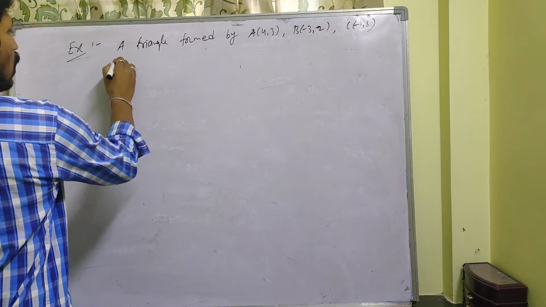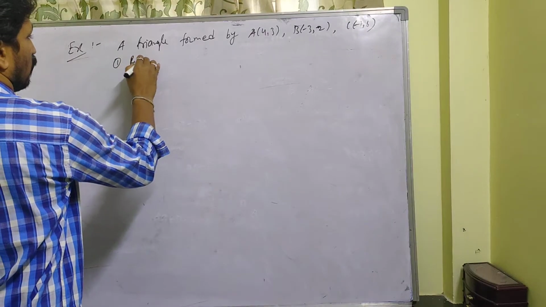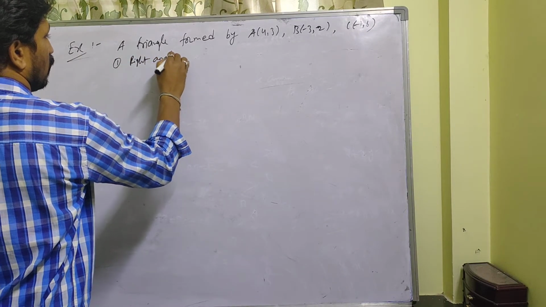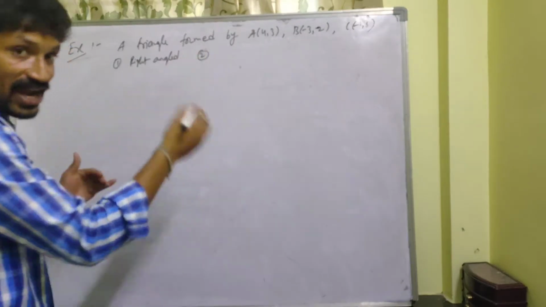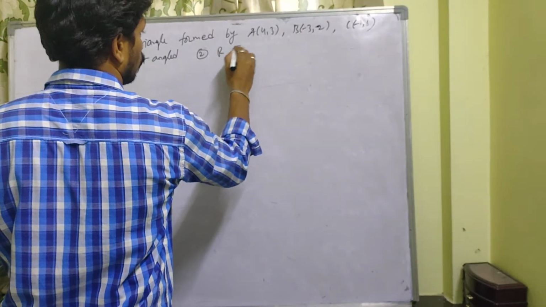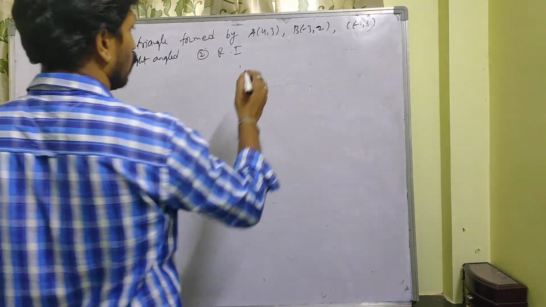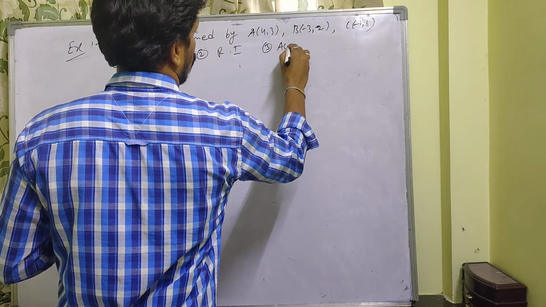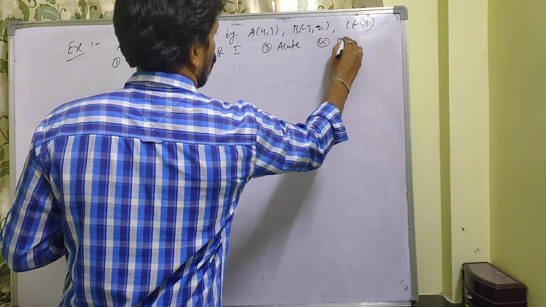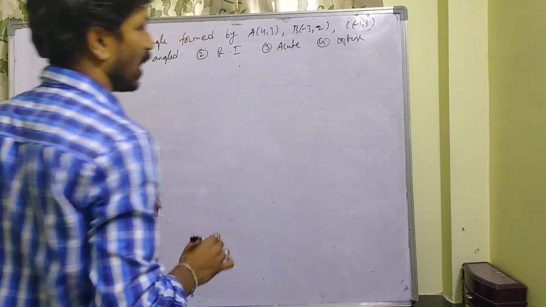He is asking options: first, right angle triangle; second, right angle isosceles triangle; third, acute angle triangle; fourth, obtuse angle triangle.